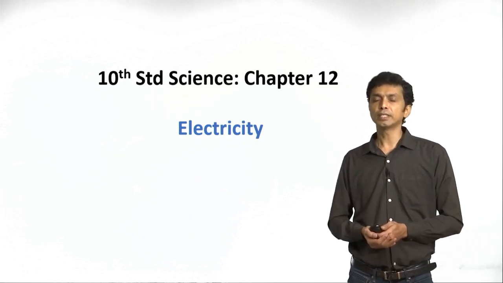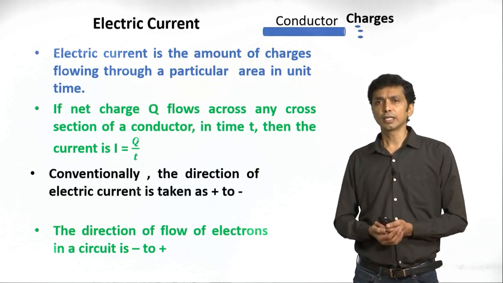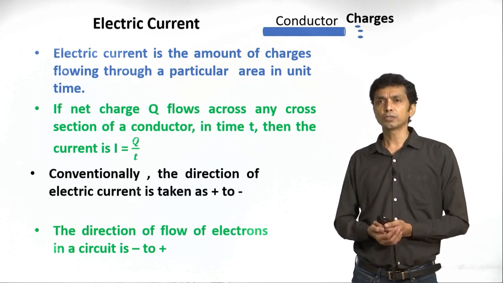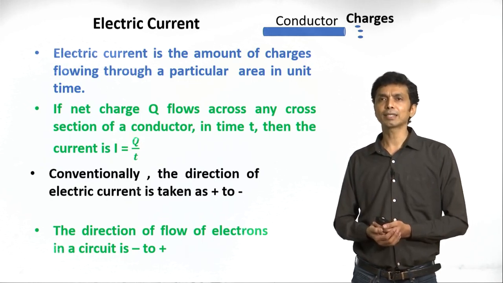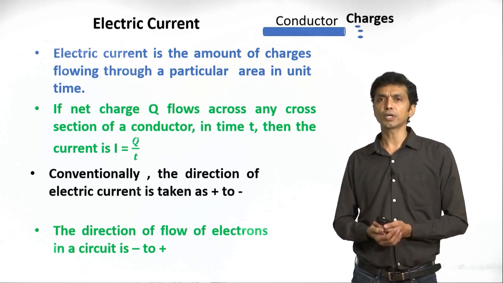Today we will learn the topic electricity, electric current. Electric current in a conductor is nothing but the total number of charges that are flowing through any one particular area in a unit time. That means electric current is the count of the total number of charges with respect to time.